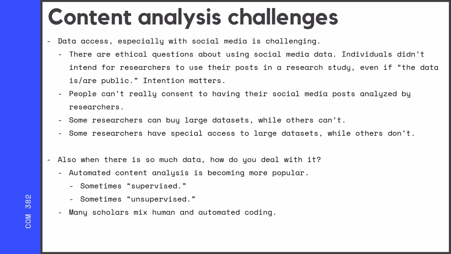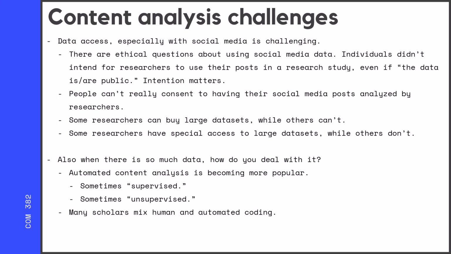So for example, let's say the training data has pictures of cats and dogs and cows and horses and ducks. The algorithm knows what those things are already, so when it encounters something new, this is again supervised data, it knows, okay, it has pointy ears, it has whiskers, it's a cat. Different examples of supervised content analysis include machine learning, sentiment analysis, and topic modeling.